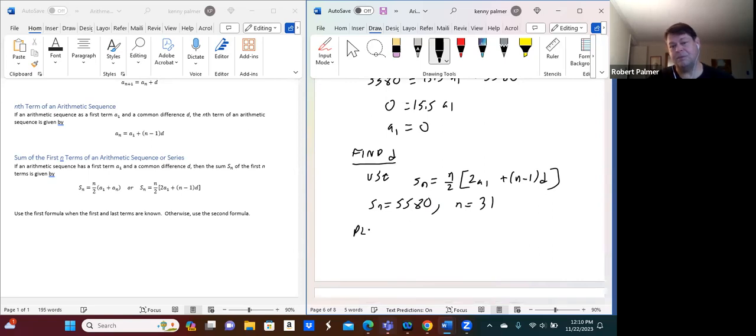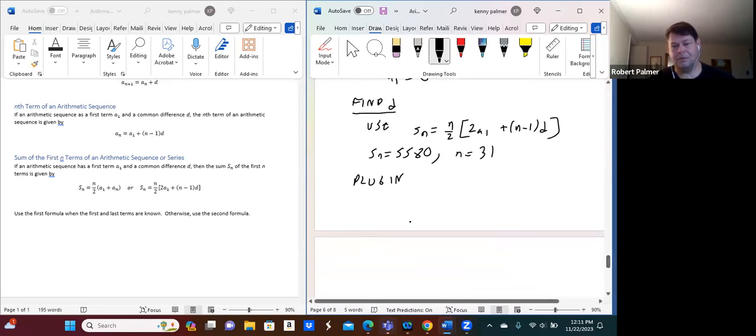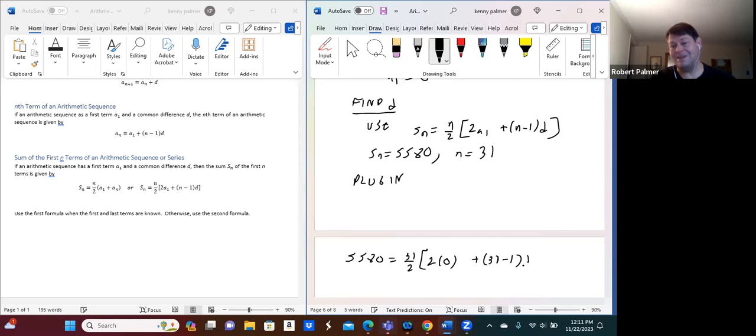So let's plug those in. We have 5,580 is equal to 31 over 2, and then that's going to be 2 times 0, so at least it makes it easier in that sense. That goes away. So we have 31 minus 1 times d.